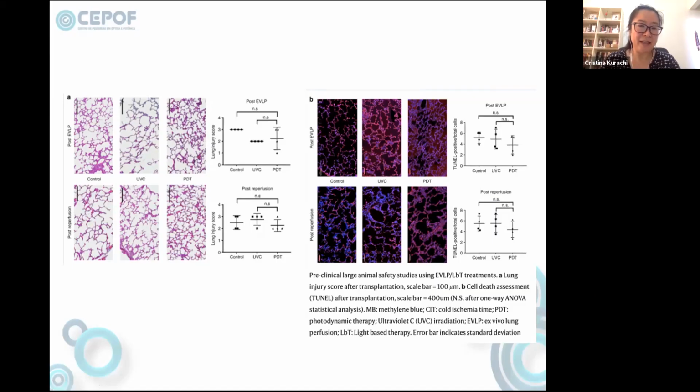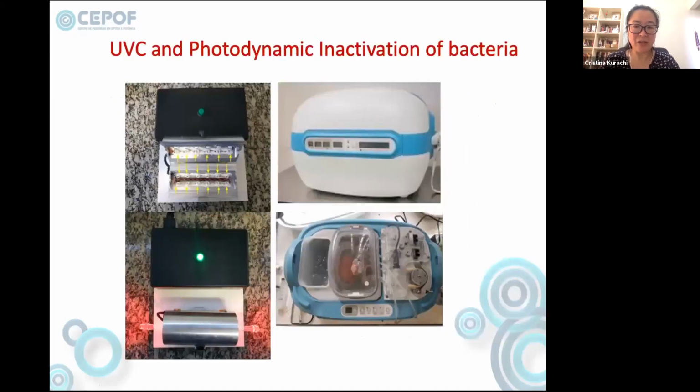So now here in Brazil, we have been using these same protocols, but moving to kidneys and liver, since these are the organs for which we have a higher number of transplantations in Brazil. This is just a picture of the LED device for PDT, and this is the device that we place together.